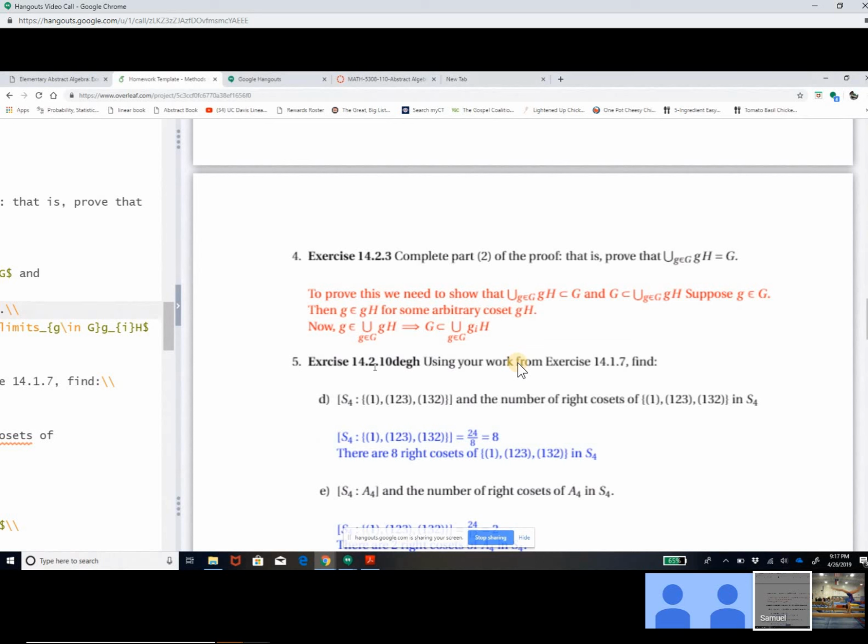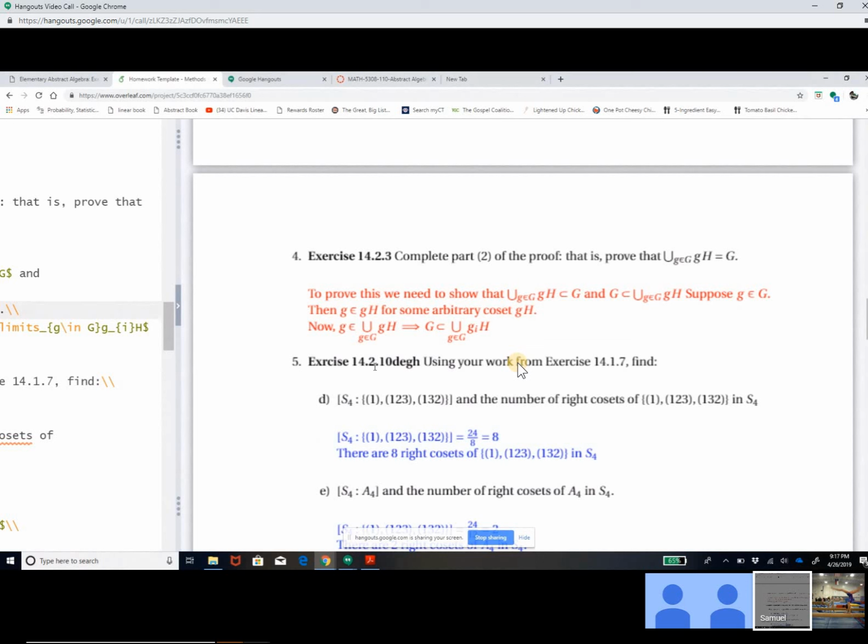All right, now how about the other way? How about showing that the union of cosets is, right? All right, well, a union of sets is a subset of some set.